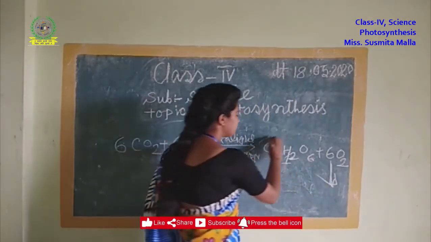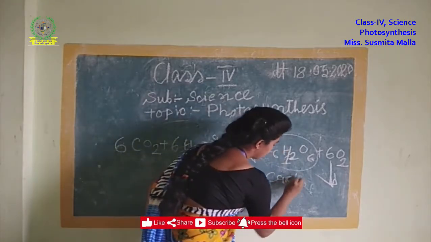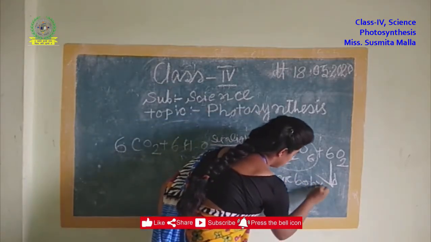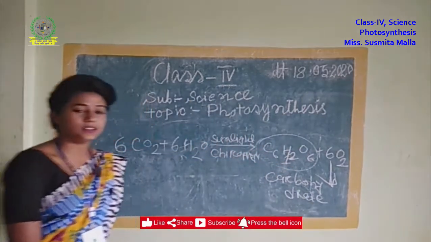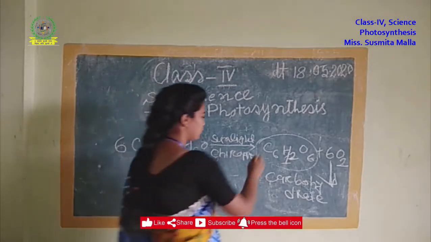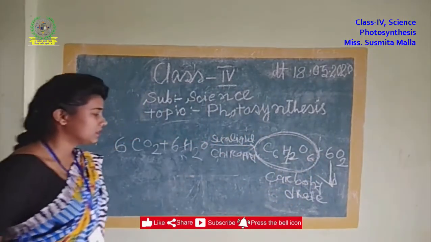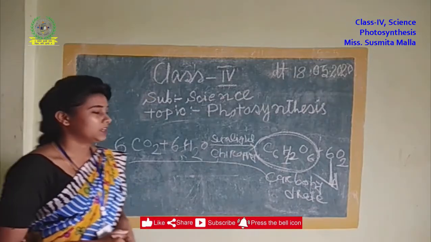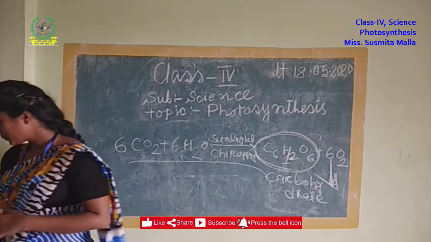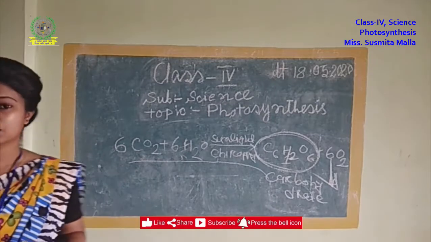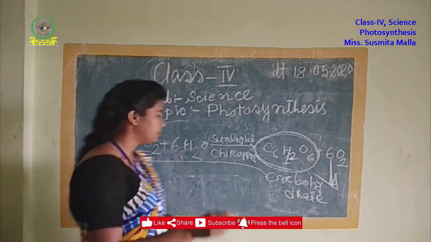Next, what is the function of this simple sugar or carbohydrate? What do green plants do with this carbohydrate? The most important thing is that the green leaves of a plant prepare food for the entire plant.